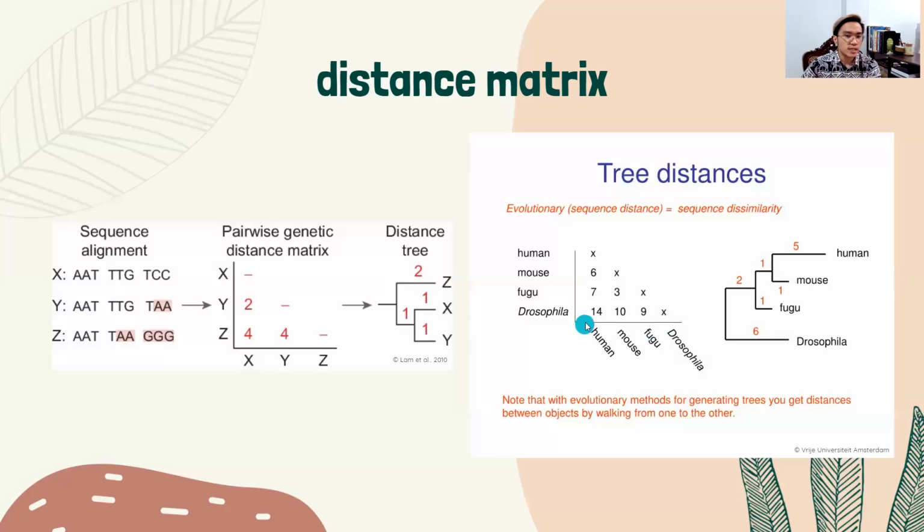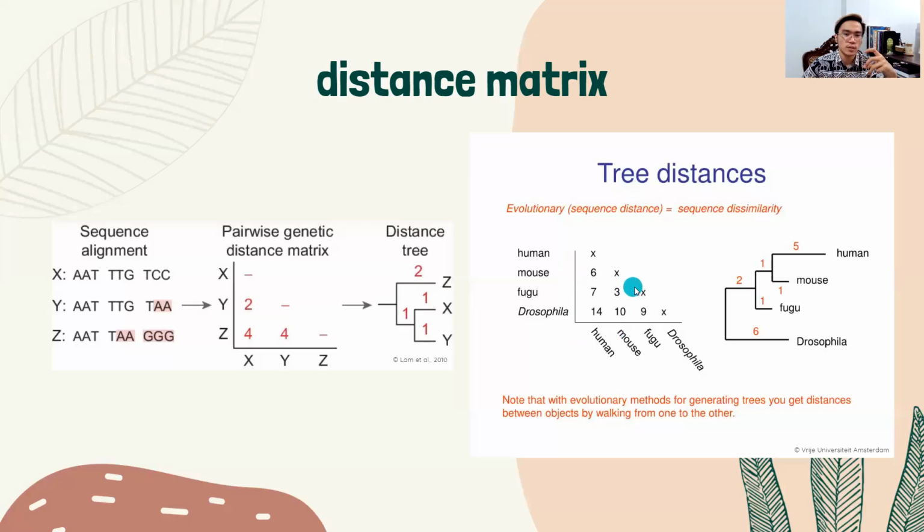The easiest way is to look at the 2 taxa that have the smallest genetic distance, meaning they're most likely closest to each other, at least in the tree. In this case, it's maybe mouse and fugu. Fugu is a pufferfish. Between human, mouse, fugu, and Drosophila, it's mouse and fugu that are closer.